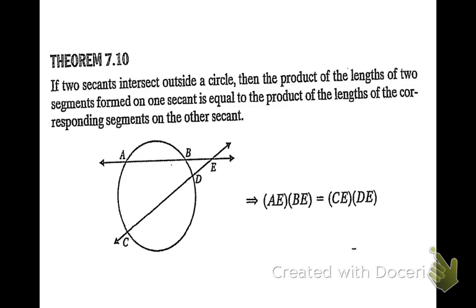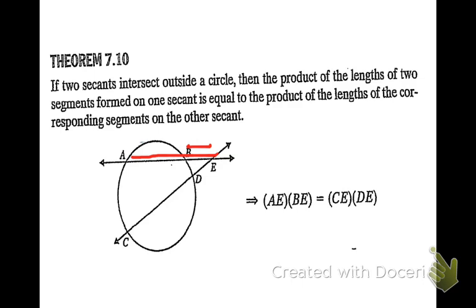Now you have to be careful because you're taking AE, that whole line, times BE. Okay? The mistake people make is they'll take BE times AB. It's not the part times the part. It's the whole AE times the part that sticks outside the circle.